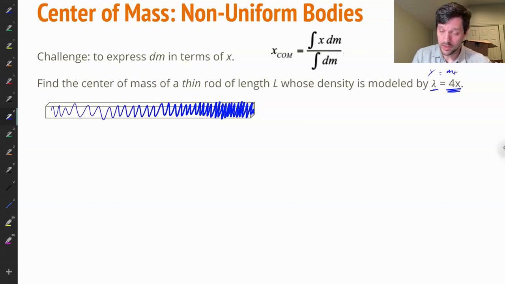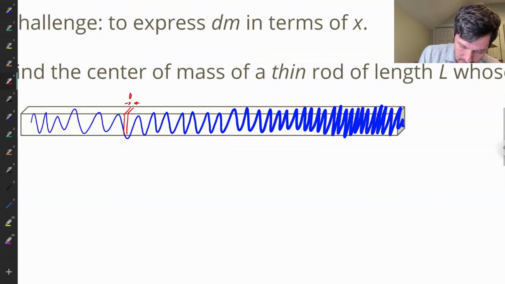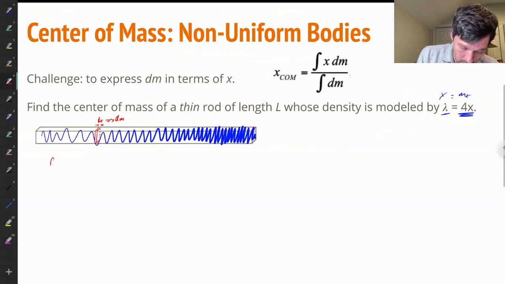Exactly the same way we just did. We're going to conceptually break this into little pieces of thickness dx, each of which has a mass dm, and it turns out the ratio of mass per little tiny piece dx is not a constant.